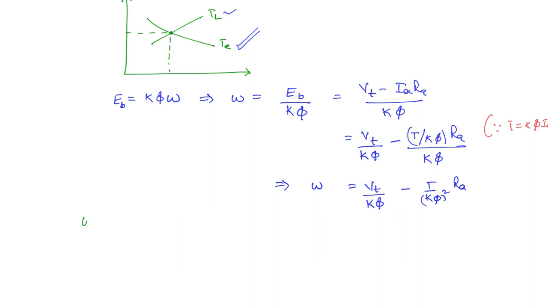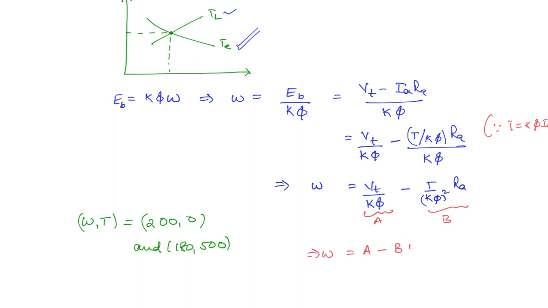First you write down omega comma T is given by 200 comma 0, this is one point, and another point is 180 comma 500. And if you take this as A and this as B, then omega is equal to A minus B times T, where A and B are constants.